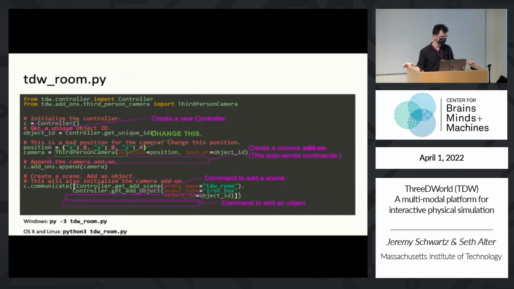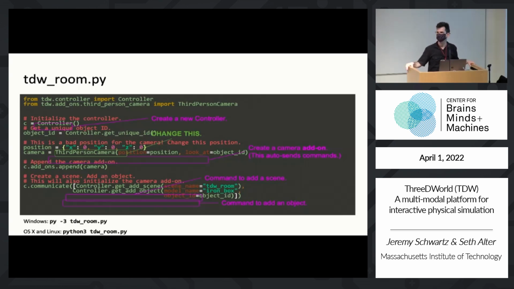In the case of this camera, it will send commands at the first frame. It will create a camera and point it somewhere. And then it has an API for adjusting it. So if you say camera.rotate 45 degrees, it will automatically, under the hood, generate those commands and send them on the next frame.